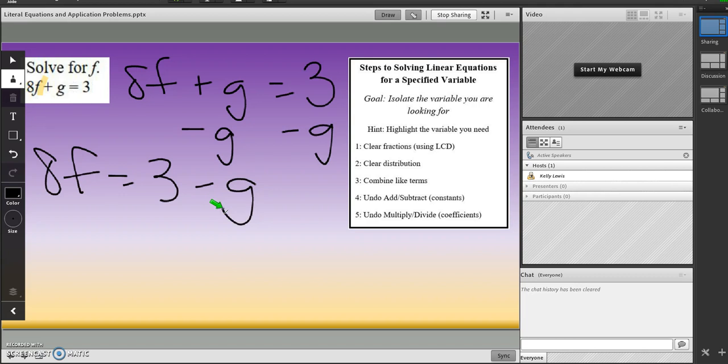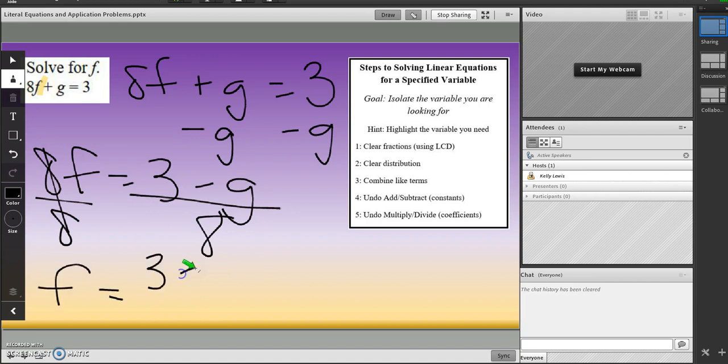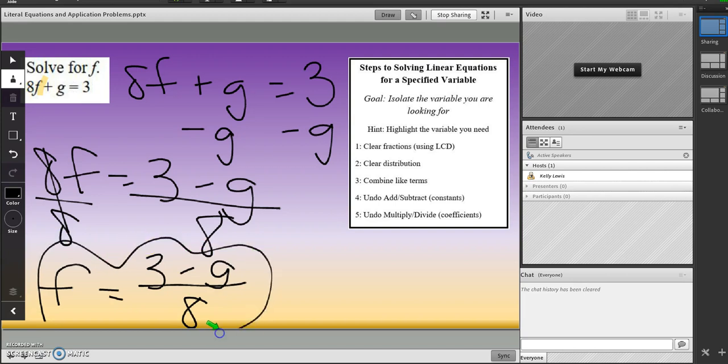Don't combine them, don't write 3G, don't write minus 3G. They can't talk. Okay, the 8 is being multiplied, so we're going to divide everybody by 8. So we get F equals 3 minus G over 8, and that's our answer.